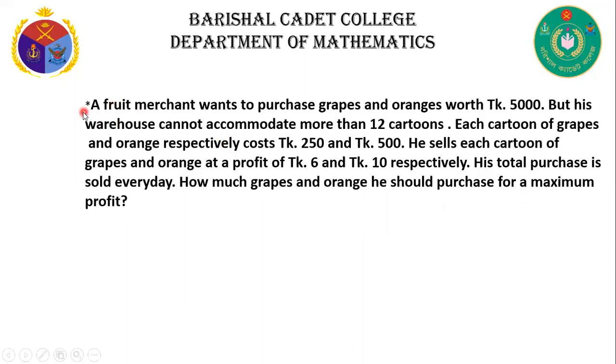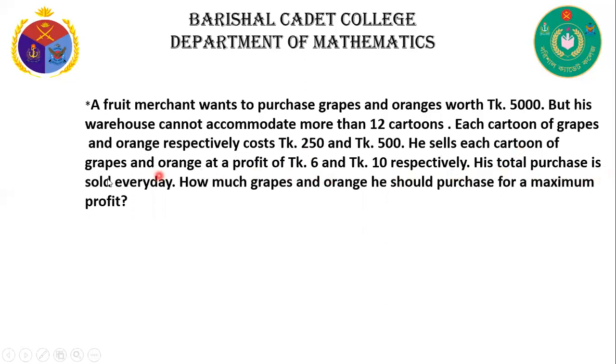Here given, a fruit merchant wants to purchase grapes and oranges with taka 5,000, but his warehouse cannot accommodate more than 12 cartons. Each carton of grapes and orange costs taka 250 and 500 respectively. He sells each carton of grapes and orange at a profit of taka 6 and 10 respectively.